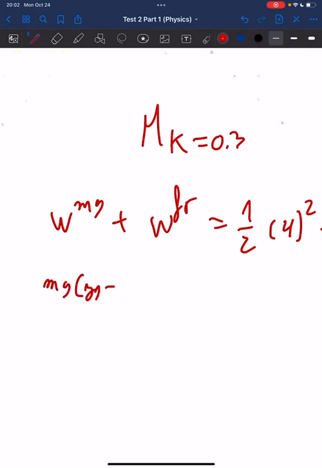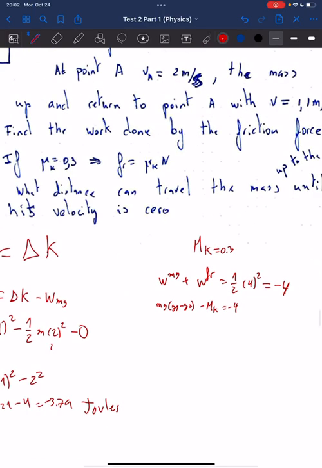Now negative mk, negative 4. Negative 4. It's how it is, and yep, that will be the answer.